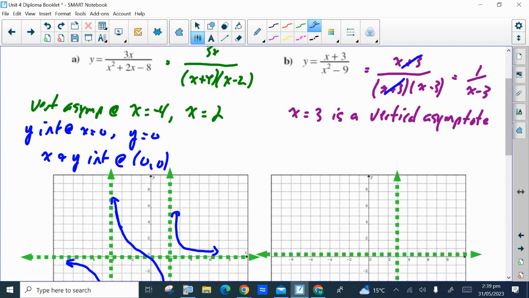We have a point of discontinuity at x equals, I'm sorry, negative 3, because the x plus 3 canceled. And when you let x equal negative 3 in the equation of our simplified expression, you're going to get a denominator of negative 6.